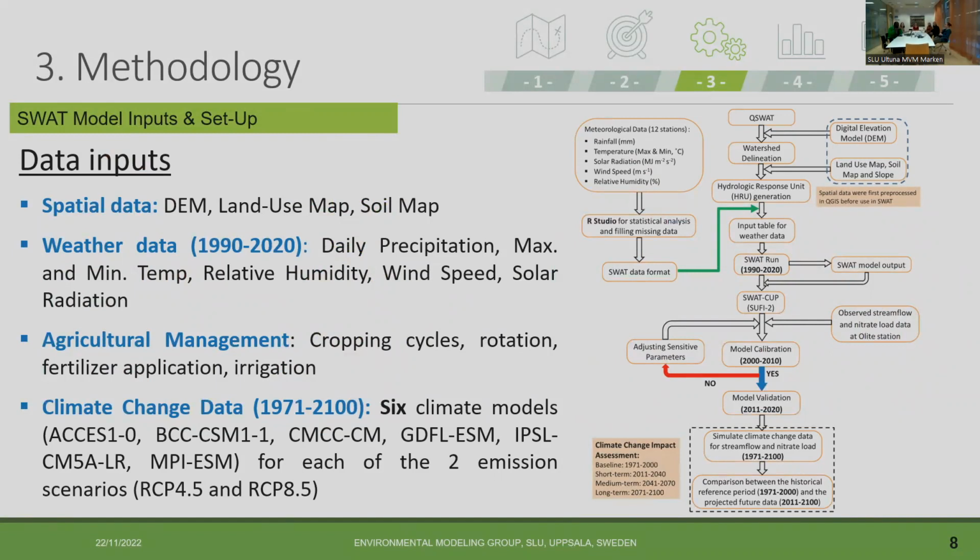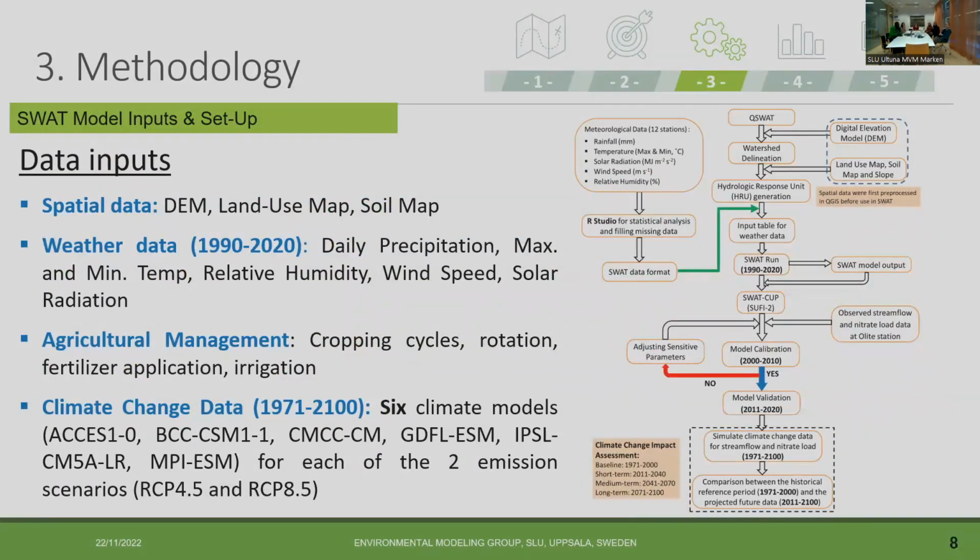So 10 years I used as a warm-up period for my study. And then I also had the agricultural management data, which included the cropping cycle, the rotations, the fertilization, and the amount of irrigation applied.